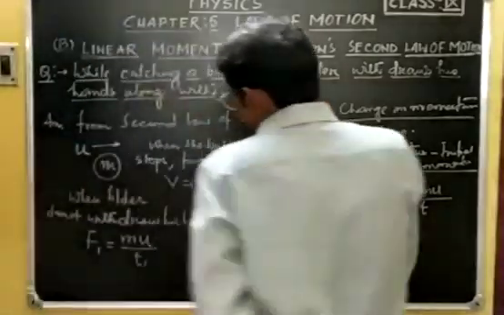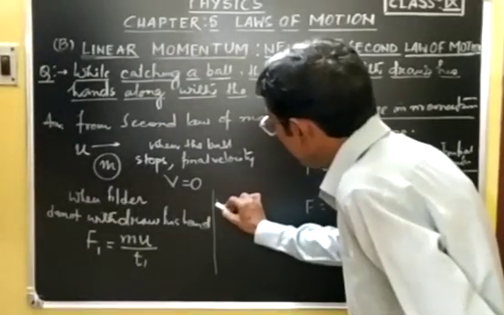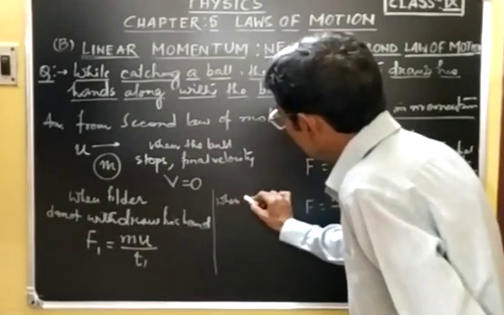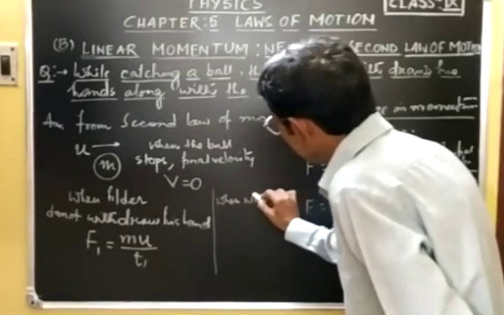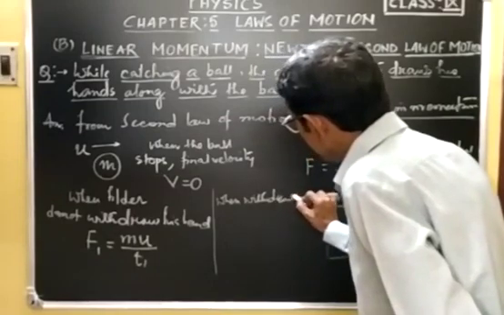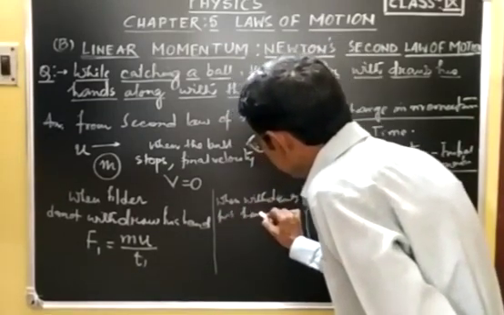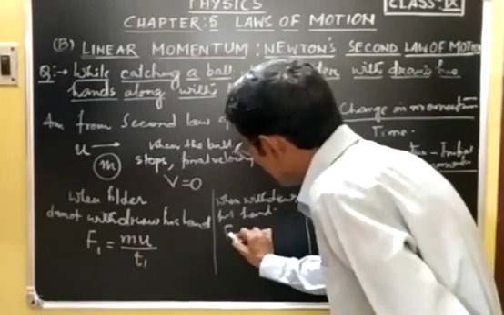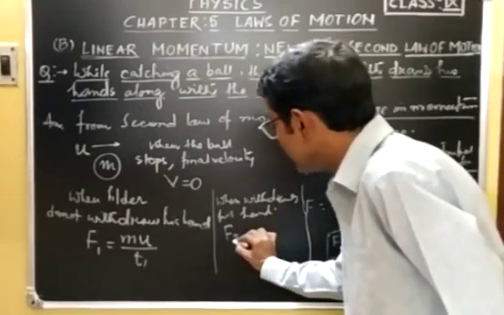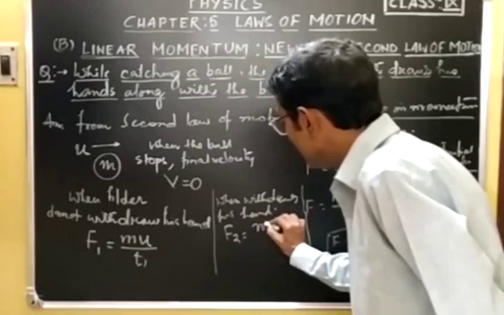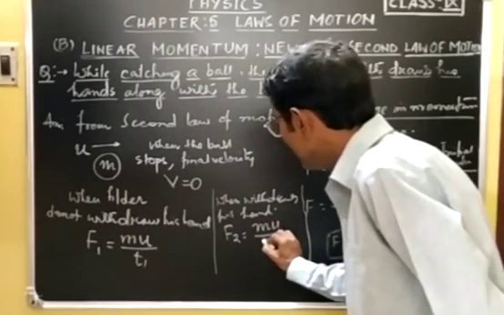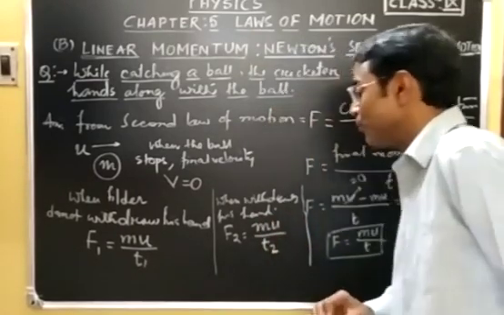And when the fielder withdraws his hand, the force acting on the hand of the fielder is F2, equals mu by t2. Only the time changes, that is t2.